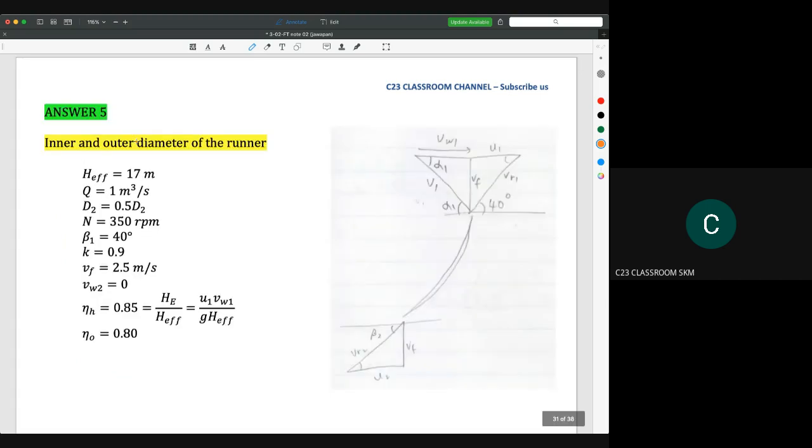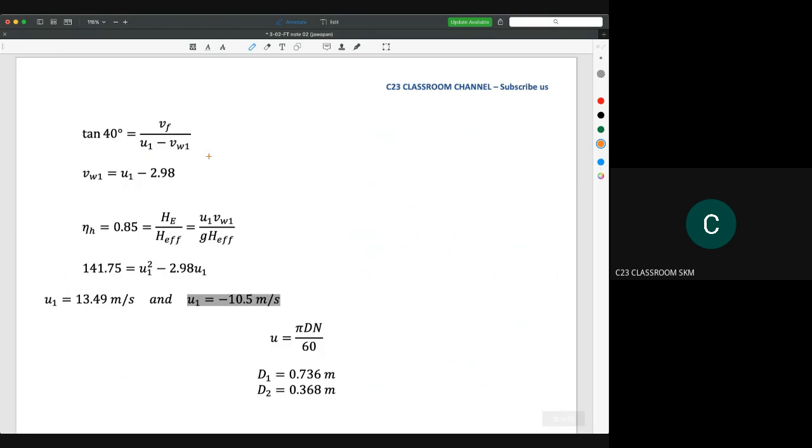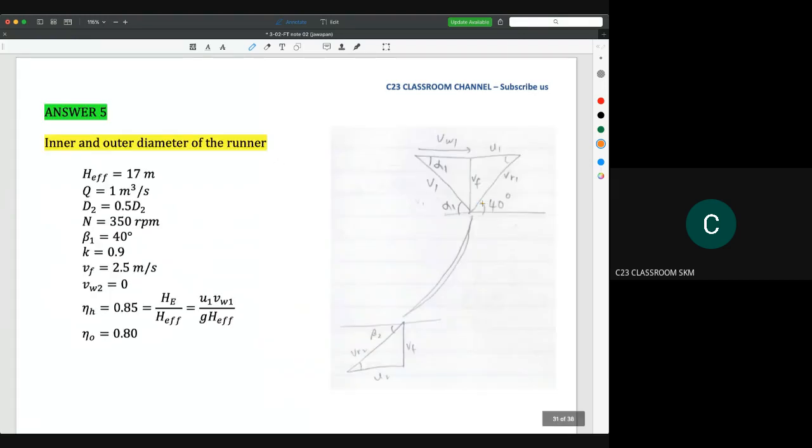So the first question here is to calculate the inner and outer diameter of the runner. Usually we could get the inner and outer diameter by using this equation. What we need to do here is calculate the value of U. From the inlet here, we know that the angle is 40 degrees.